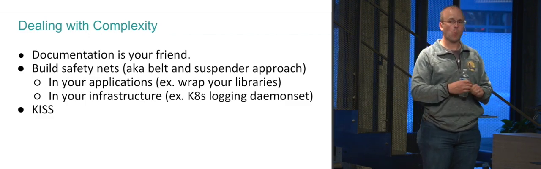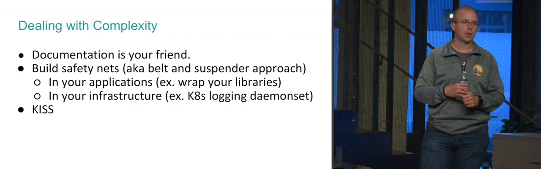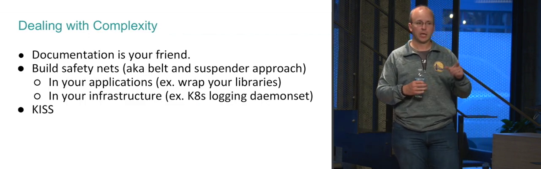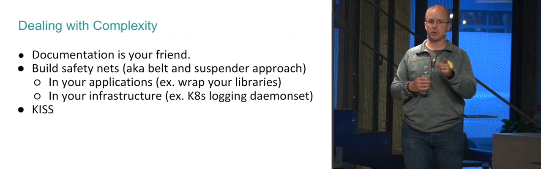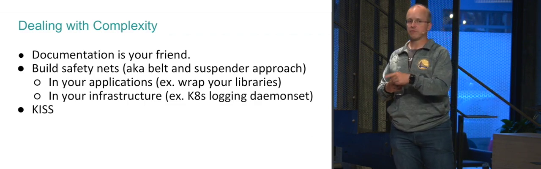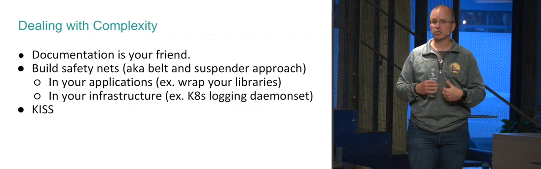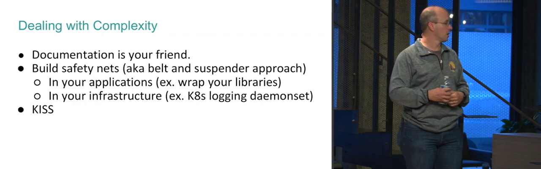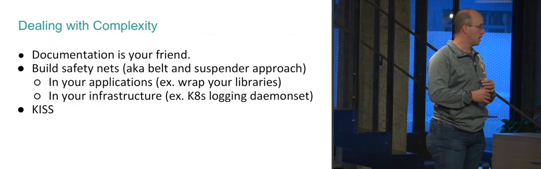Two, even the best intentioned developers are going to make a lot more mistakes. And that's simply because if environment A doesn't match environment B, which doesn't match environment C, they have to remember the specifics of each environment every time they go in and change the code. That's hard. So build safety nets, or the belt and suspenders approach, right?